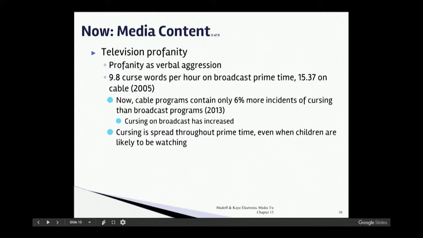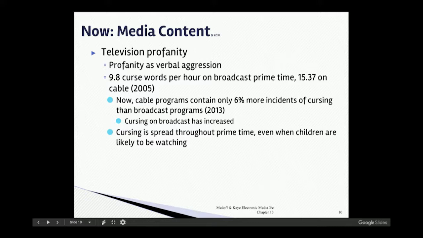There are other organizations that do this, obviously for profanity and indecent content. There is also an organization named GLAAD, G-L-A-A-D, which monitors representation of homosexuality on television as well. So there's a lot of different organizations involved in researching the content.